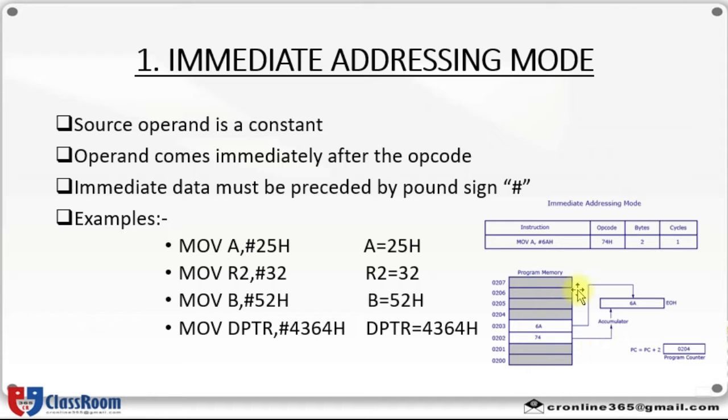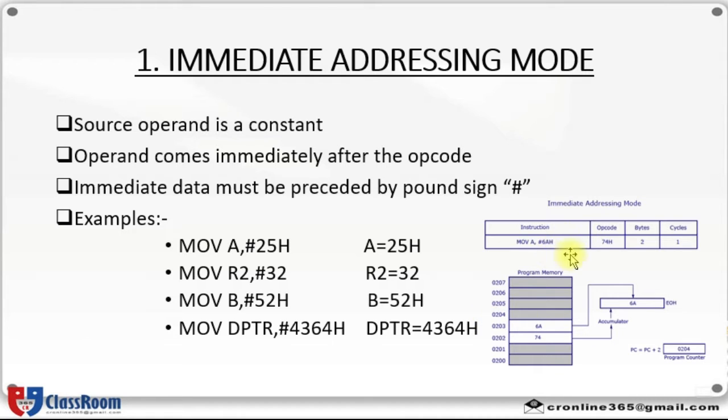That means it can access ranges from 0000 to FFFFH. So MOV A, having the address 74, will be placed in a specified address location, namely 0202. Then this data 6A is placed just after this 74, that is at location 0203.